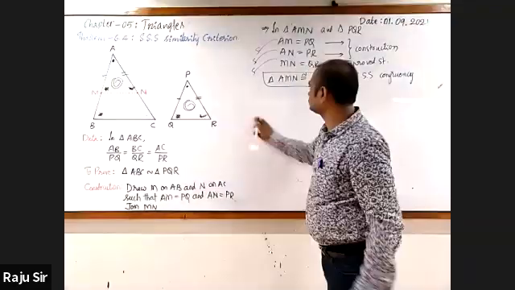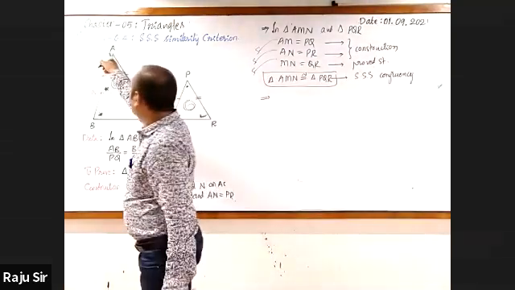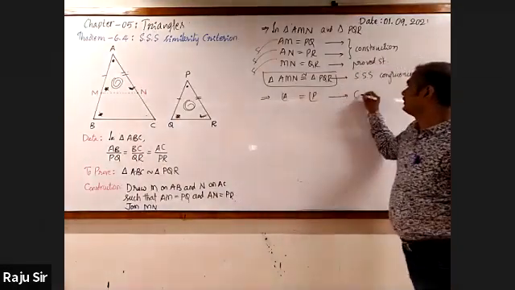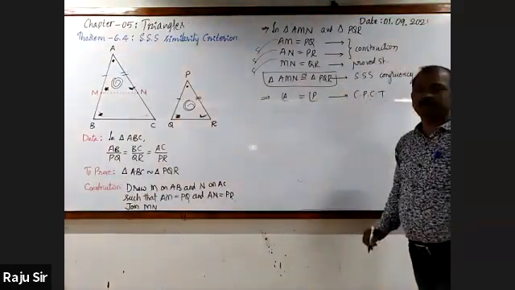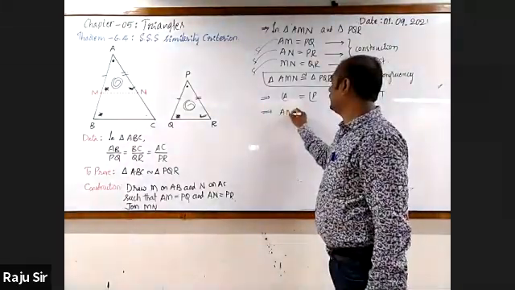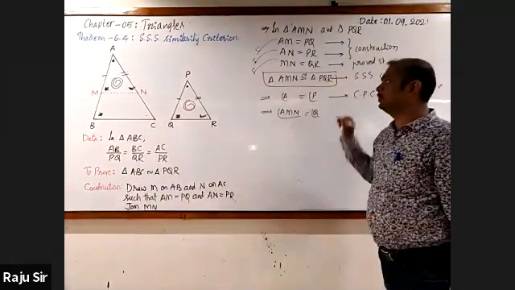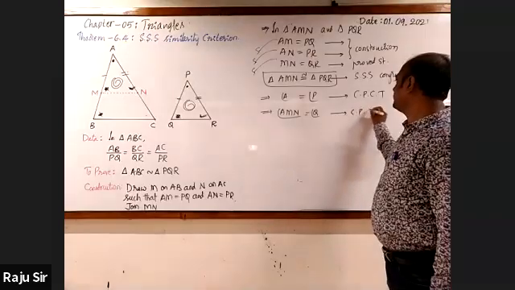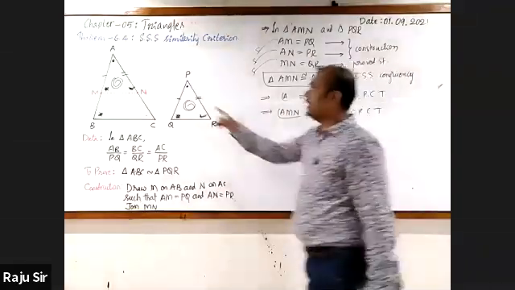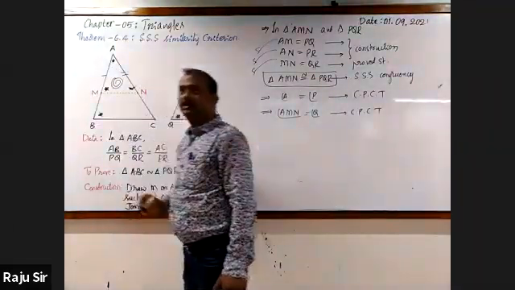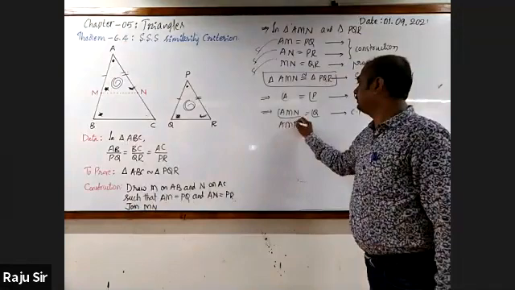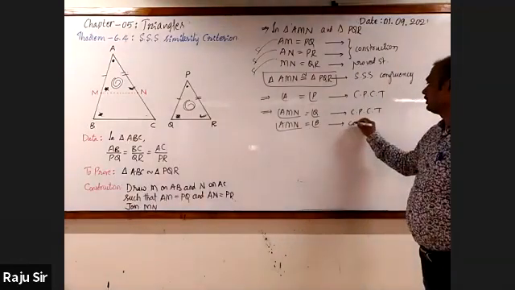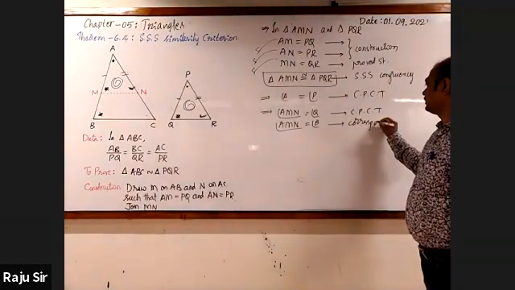Right. Here, angle A equals angle P. Reason: CPCT. Next, angle AMN is equal to angle Q. Reason: CPCT. Angle AMN is nothing but angle B. Reason: corresponding angles.